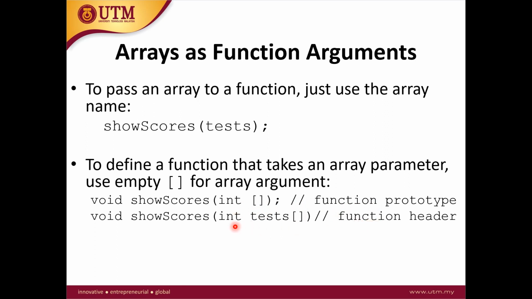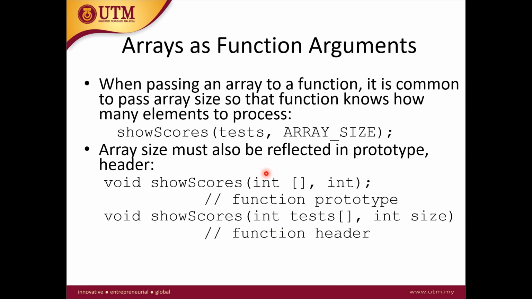In the function header, we need to write down the parameter as well. So these are 3 main different things which you can relate or make a relation between the arrays and the functions. And sometimes you may write down the size of the array when you are calling a function to be applied on that array, so that the function knows how many elements are going to be processed.